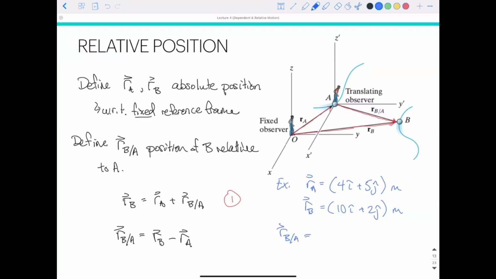So we would take vector B, subtract vector A, we would end up with 6I minus 3J.